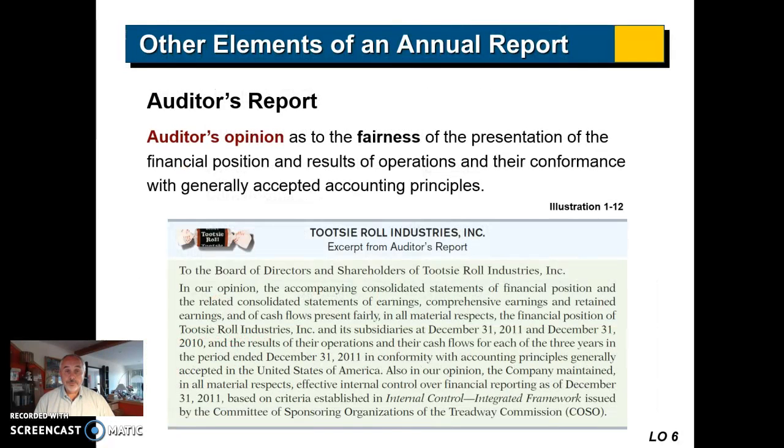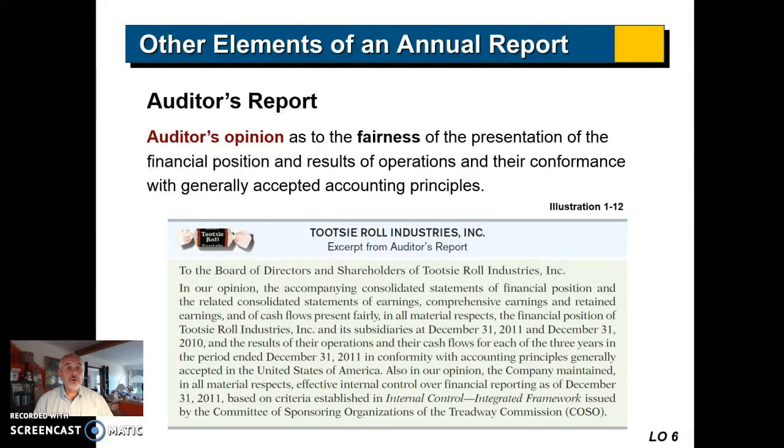The Auditor's Report. Again, I said earlier that an auditor is an external auditor, so they're outside of the firm. They're typically an accounting firm, and they will look at the operations. They will look at the financial statements.